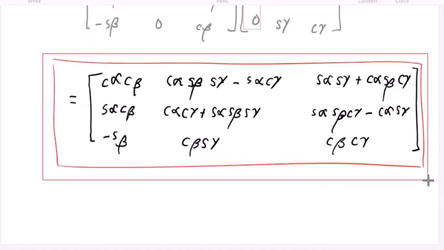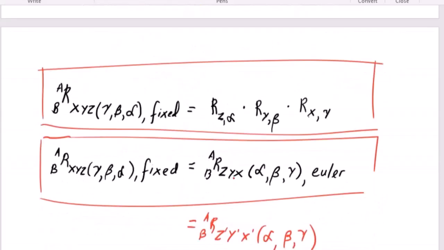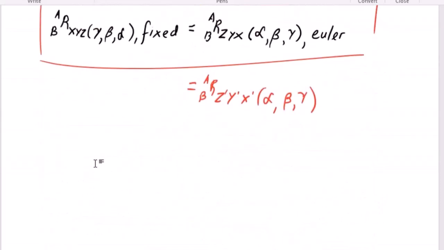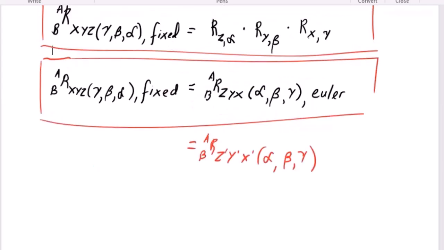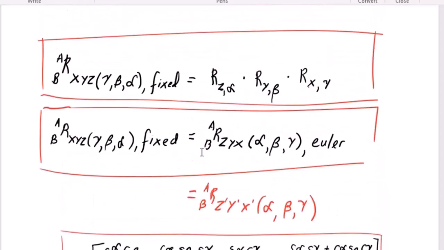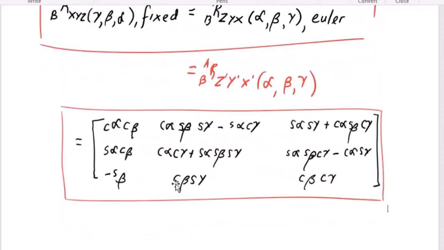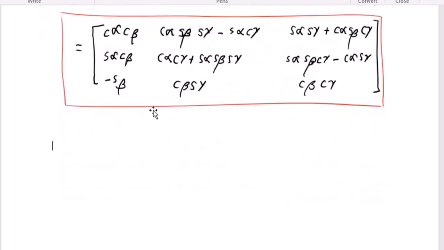I will just take the screenshot. Here. So this is the equation between Euler and the fix. You are aware that x, y, z of the fix equals z, y, x of the Euler. And this is the equation you will have.